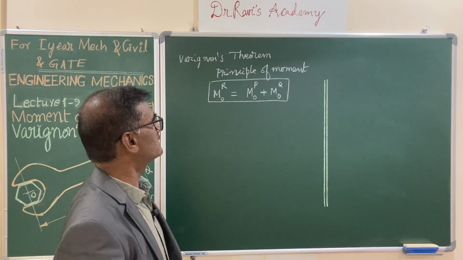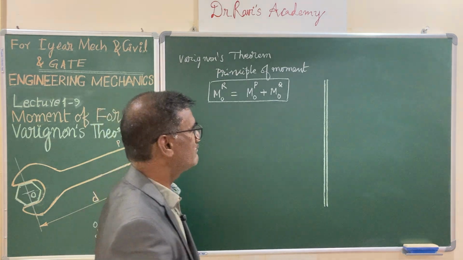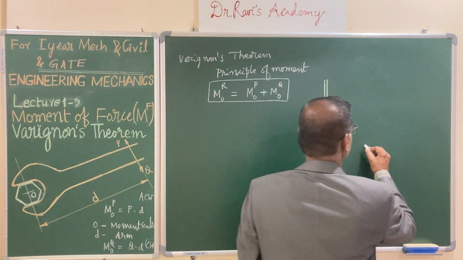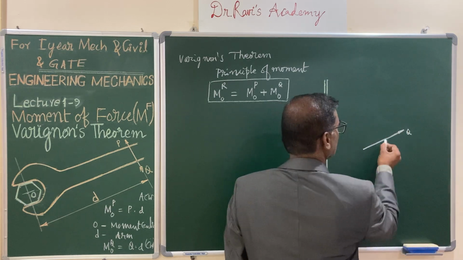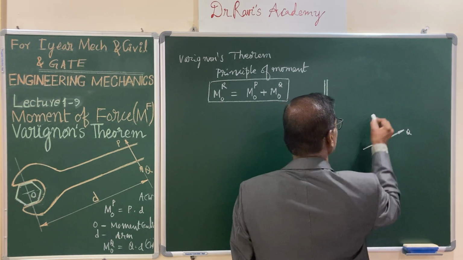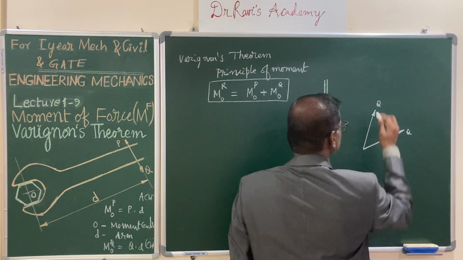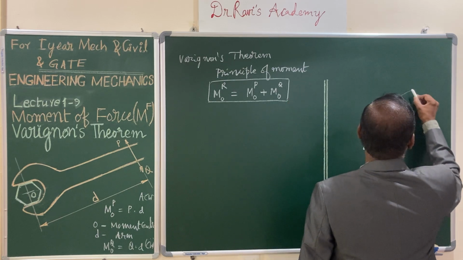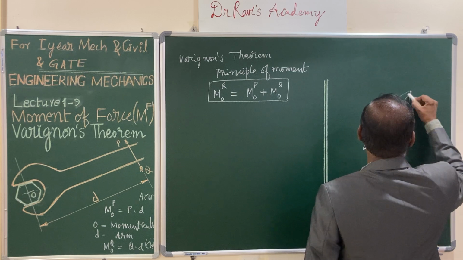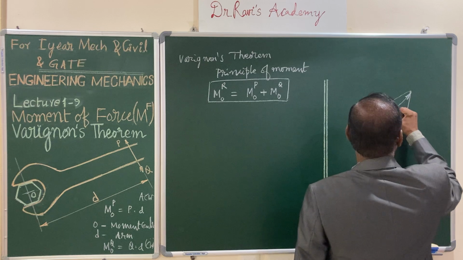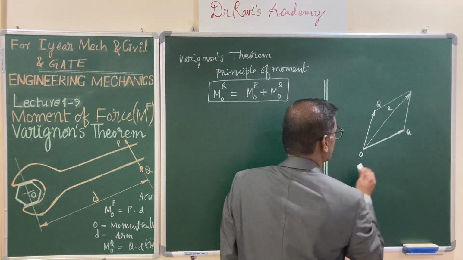So let us prove this. For that, let us consider two forces P and Q and the resultant. Now I am considering a force P at a certain angle theta 1 with respect to the horizontal line, and another force Q, and let us form a parallelogram, and this is the resultant R. Let us attach the coordinate system, and this is the point of concurrency.